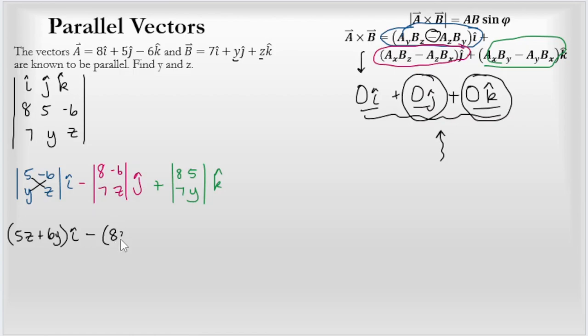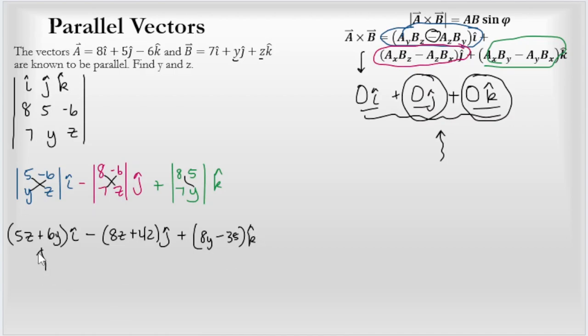We get 8Z plus 42. That was a grave error I would have made. Make sure you're multiplying. 8Z minus a negative 42 becomes a plus 42. You're going to do the same thing here: 8Y minus a positive 35 in the k hat direction.